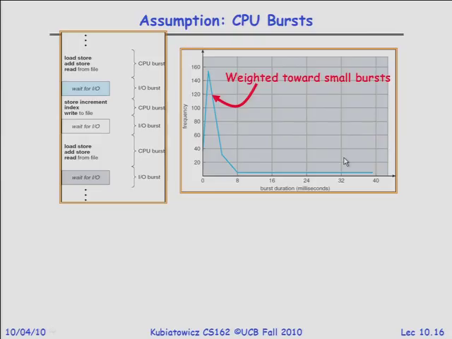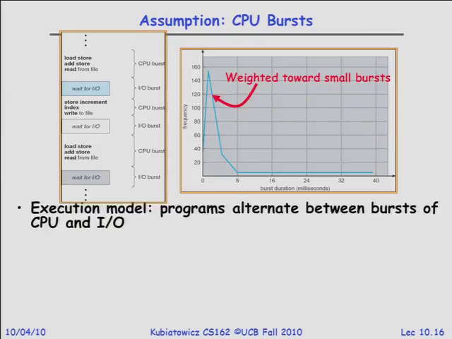Okay, so clearly we're talking about some sort of mix with user interaction, and so our model here is that programs are alternating between bursts of CPU and I/O.